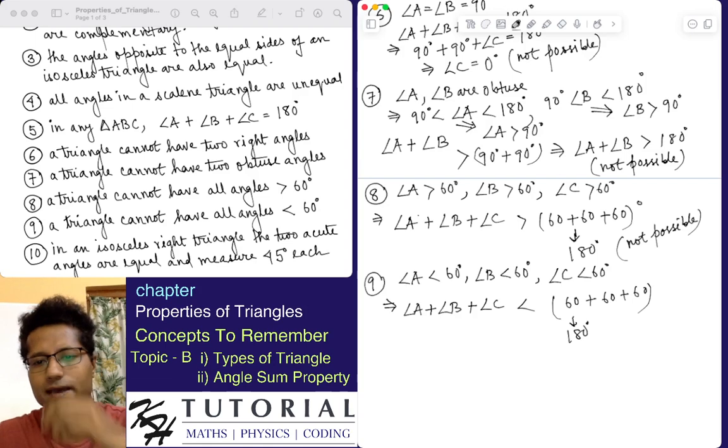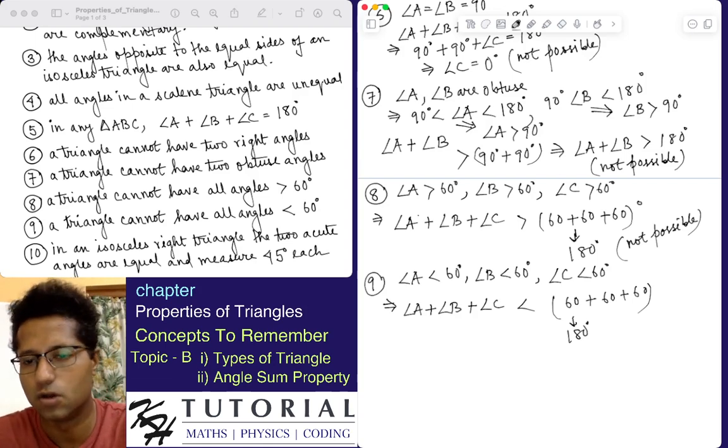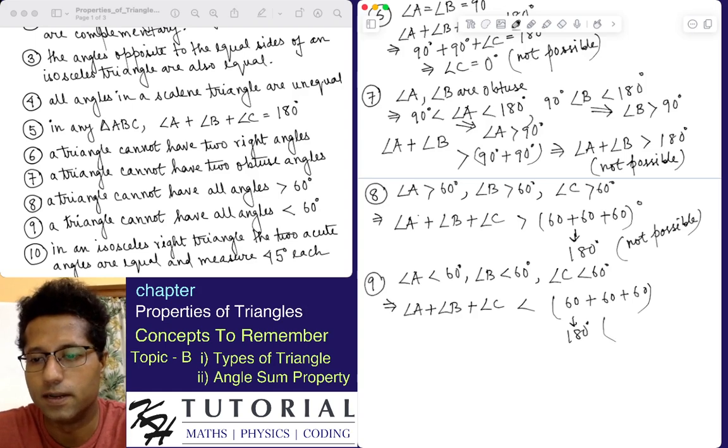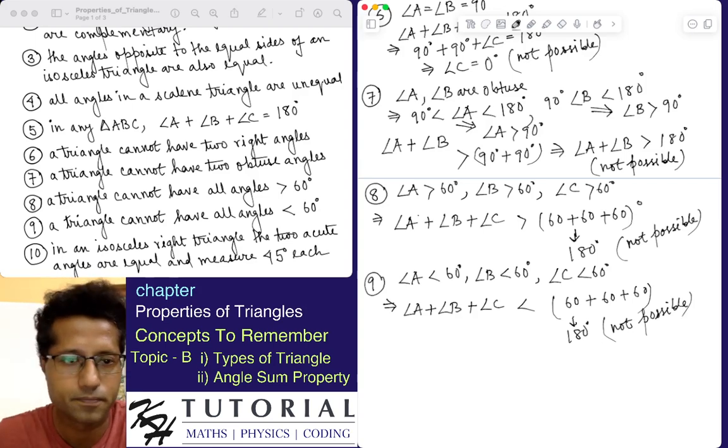So the sum of the angles of a triangle cannot be less than 180 degrees. It is always equal to 180 degrees. So this is also the reason why all the angles of a triangle cannot be less than 60 degrees.